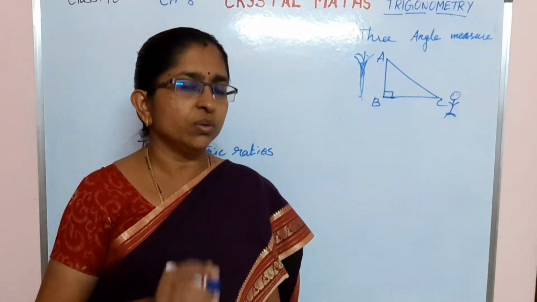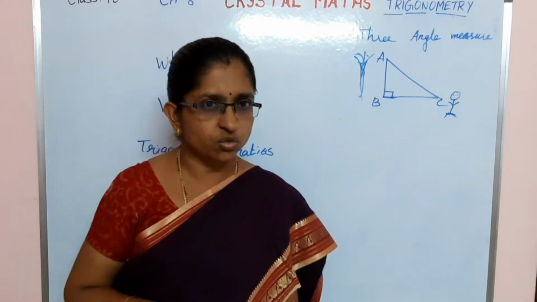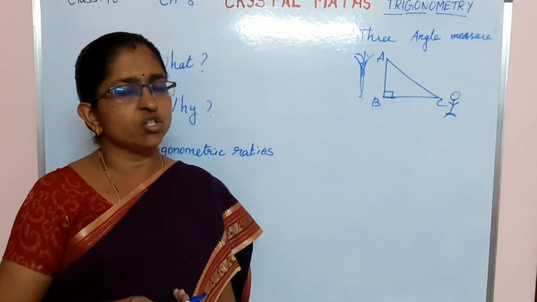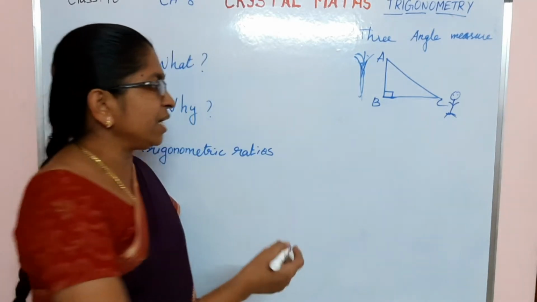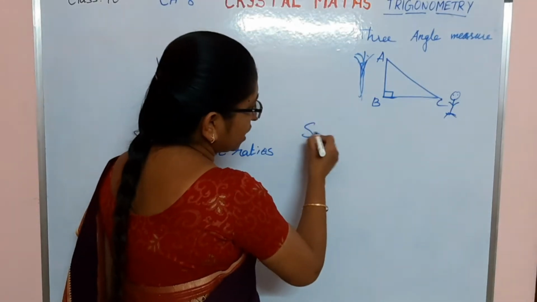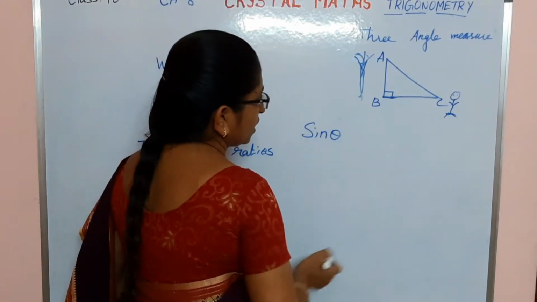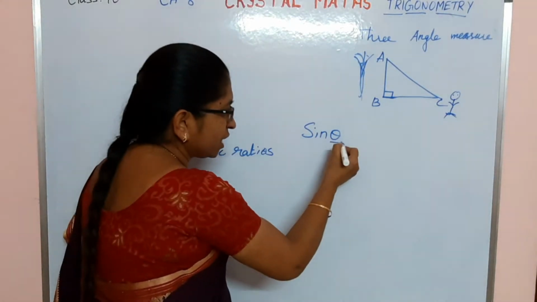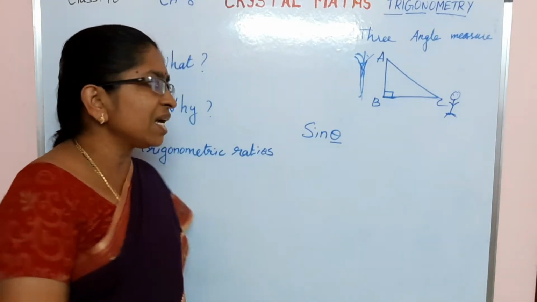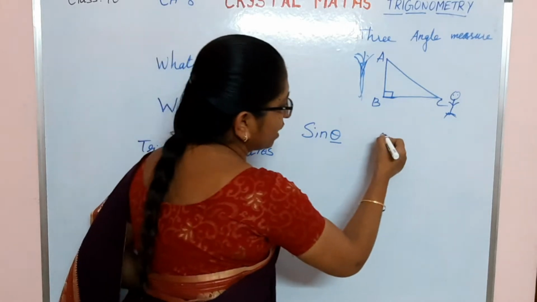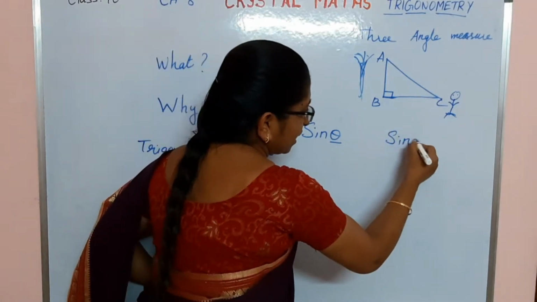For that you need to know the trigonometric ratios. What are the trigonometric ratios? Sine, cos, tan. Sin theta, in the sense, what is this theta? Theta is nothing but a Greek alphabet. Basically, the sin theta we will be writing S-I-N-E.